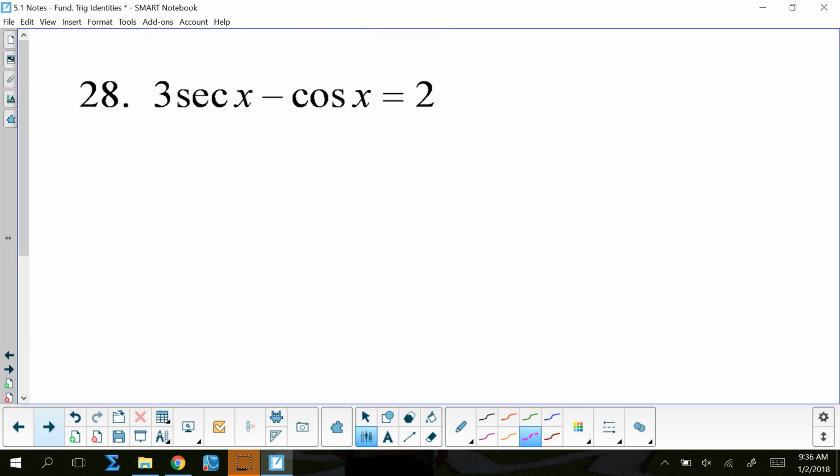Let's kick it up a notch. What's wrong with this one? Just from your first initial look at it, what don't you like about it? Two different trig functions. Okay, so first off, I got to get it so that there's one trig function to deal with.